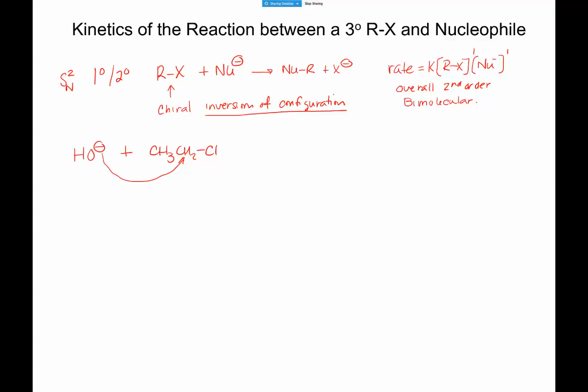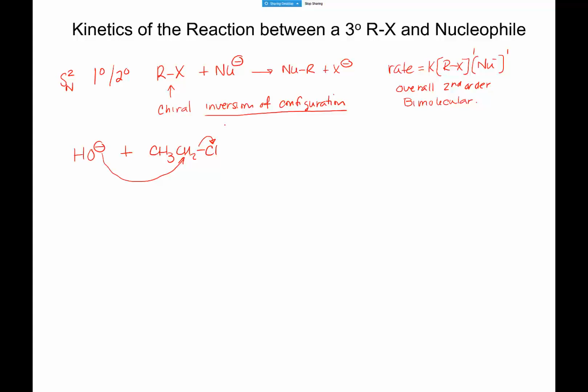So we use a curved arrow to add to the carbon that's attached to the leaving group. And then we have a second arrow from the carbon-chlorine bond going to the halogen. So that's the first set of arrows that we need to draw, showing this pair of electrons adding to the carbon and the chlorine leaving.